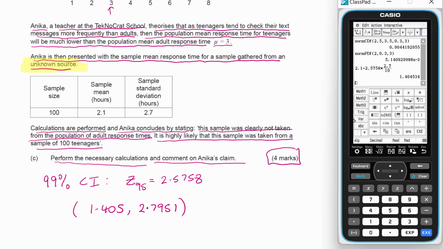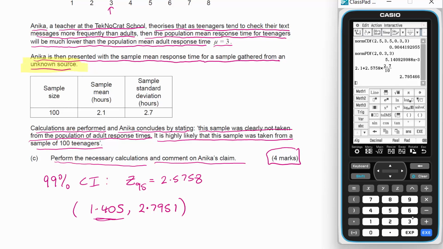And that gives us the 1.405 that we had just here, and with a plus just in there, we would get the top end.